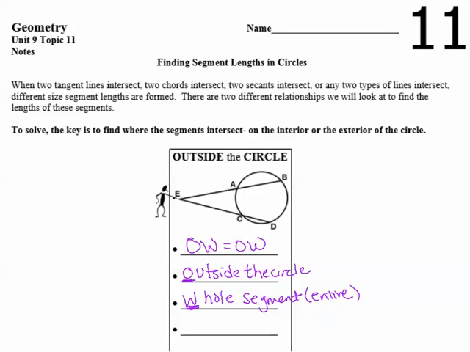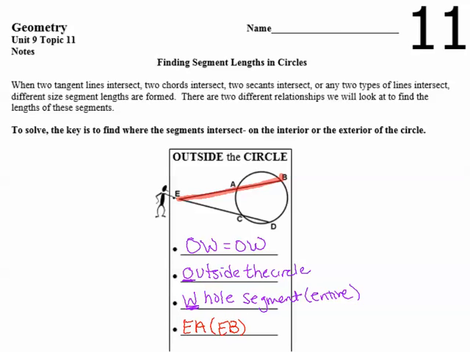So when I look at it, I'm going to highlight these once again, just so I know which segments I'm talking about. And I have this red segment, EB. So if I look and say, what part is outside the circle? From E to A is outside the circle. What part is the entire segment? EB.